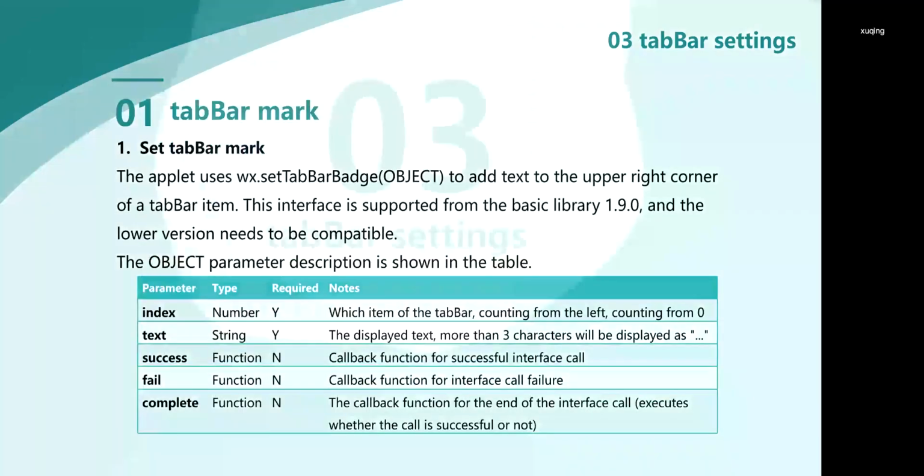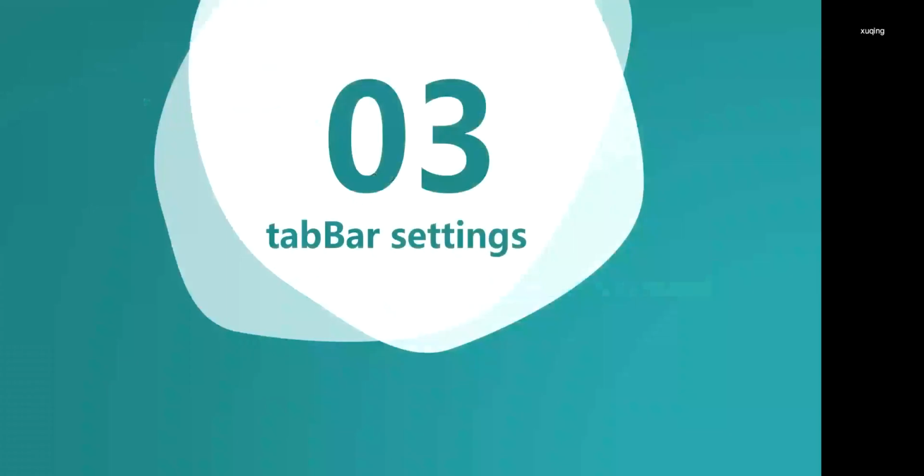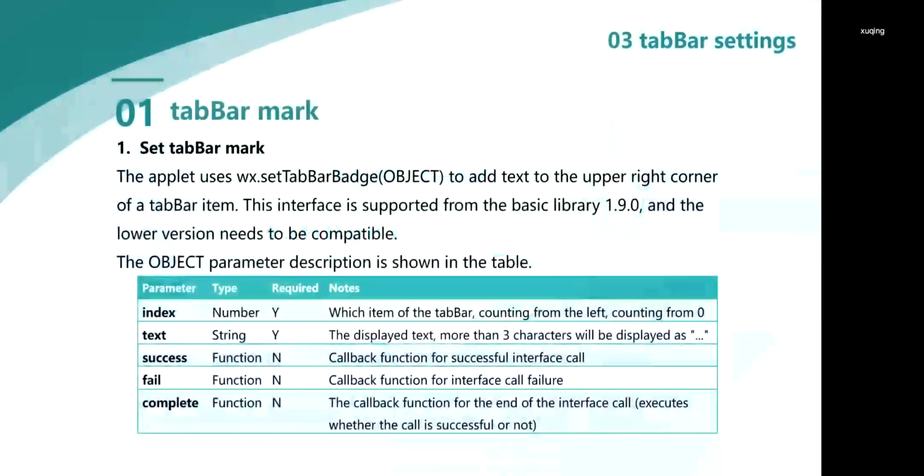Yeah, we talk about these Tabbar settings, and we are now talking about how to set Tabbar mark. By this Weixin set Tabbar bar method, we add text to the upper right corner of a Tabbar item. Like here, these are Tabbars.